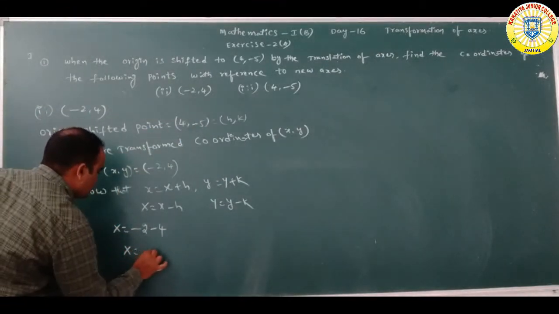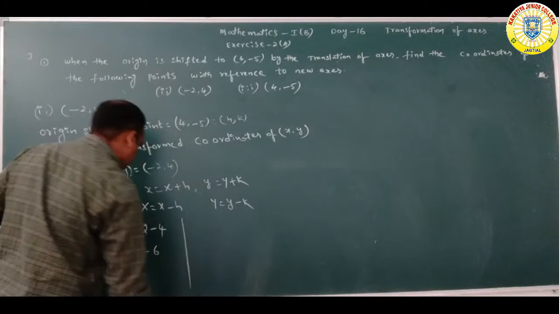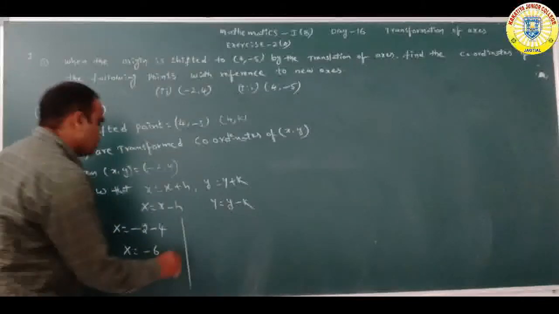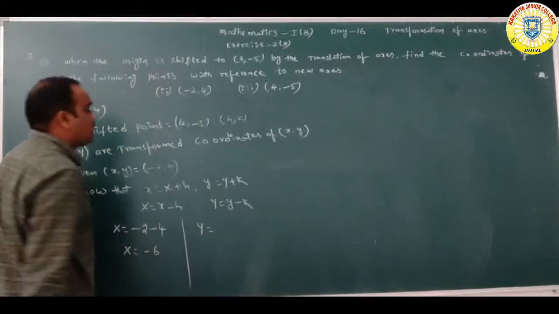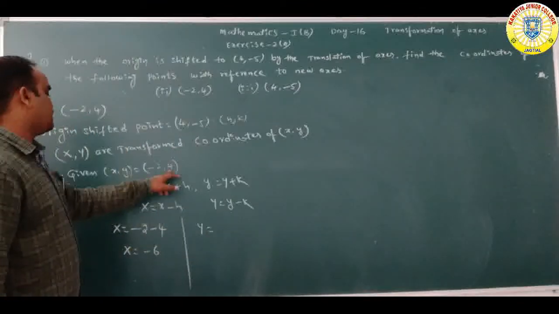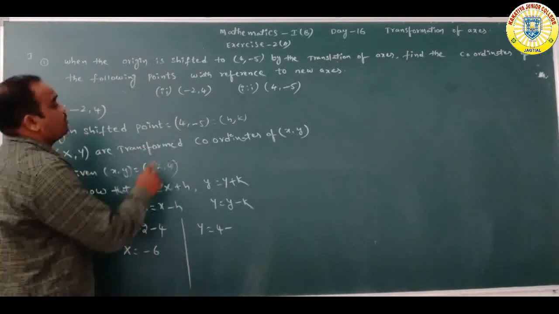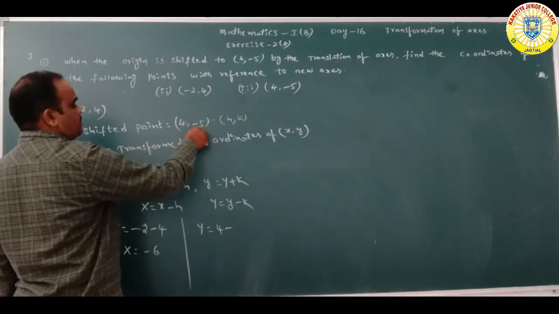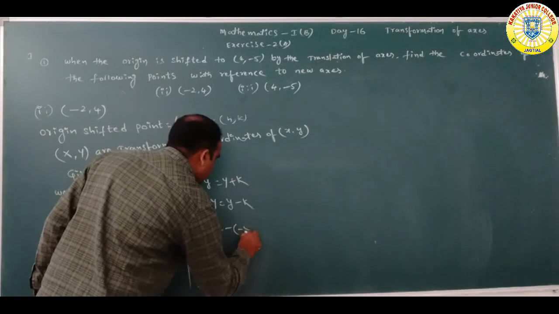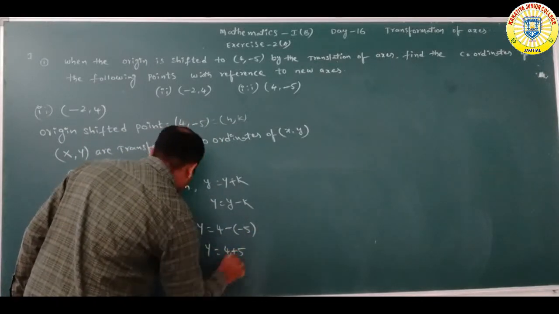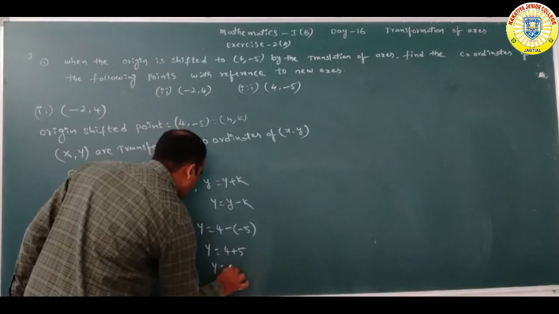Capital X is equal to minus 6. So capital Y is equal to small y minus k. Small y is equal to 4, minus k. K is equal to minus 5, the origin shifted point. So capital Y is equal to 4 plus 5, capital Y is equal to 9.